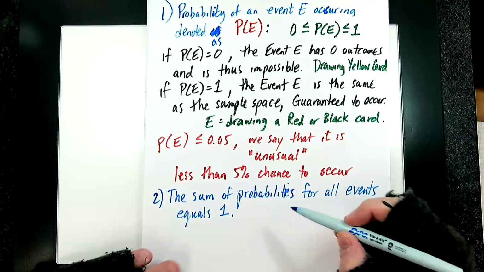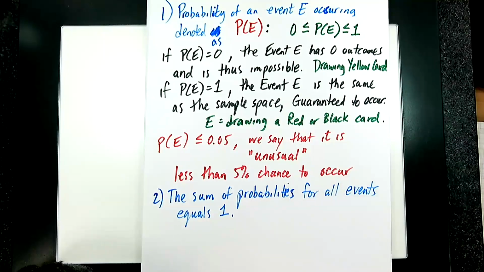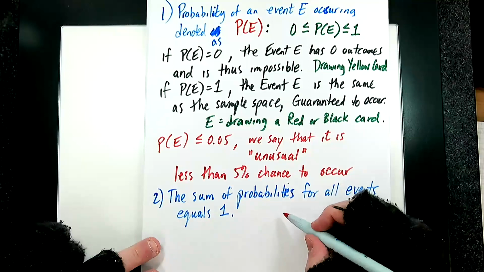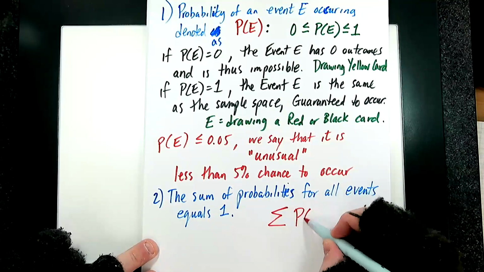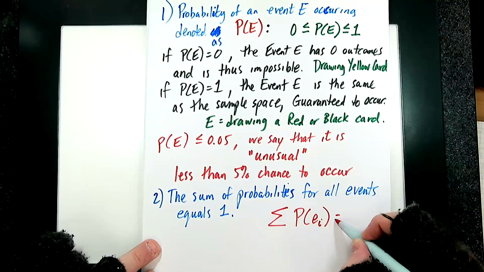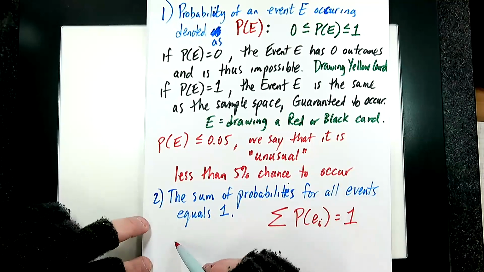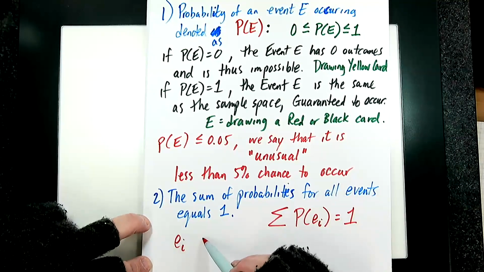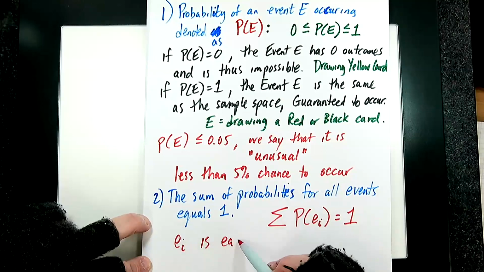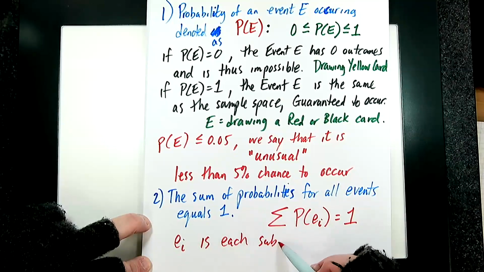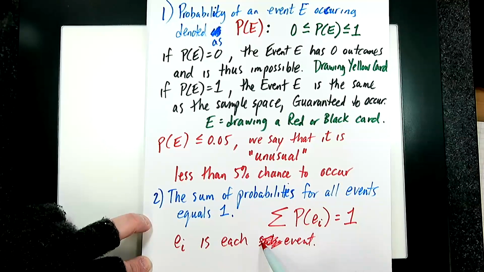They often do this to show that, where E sub i is each sub-event, or is each event.